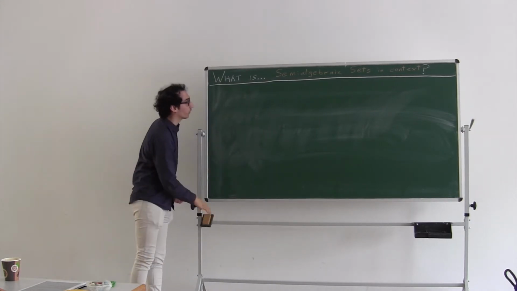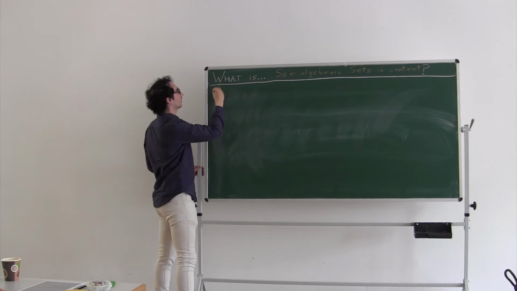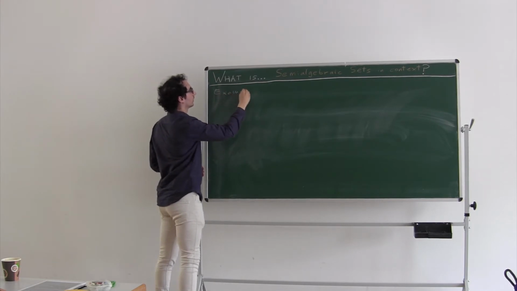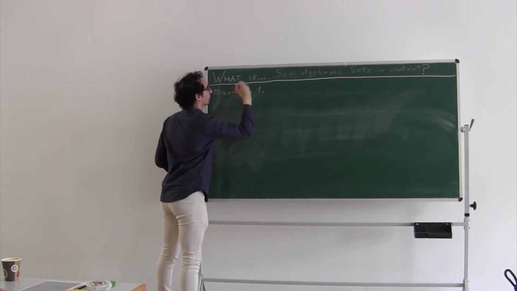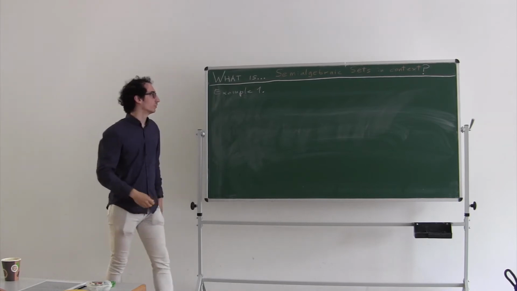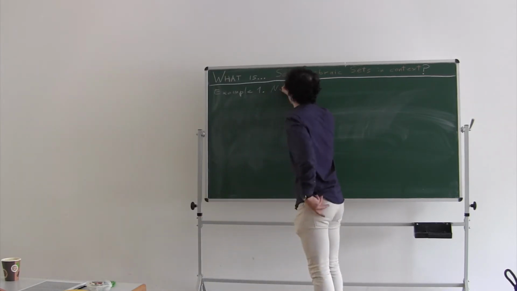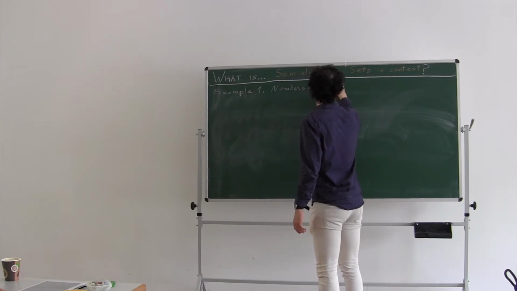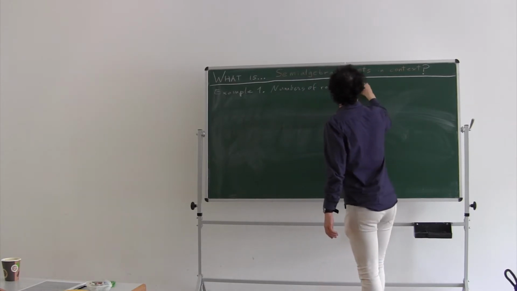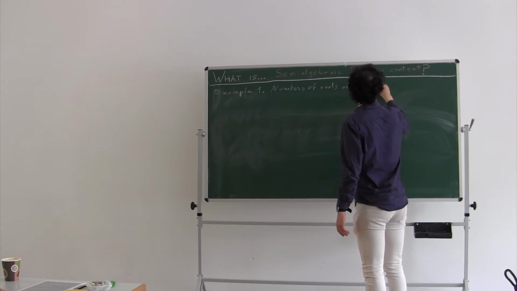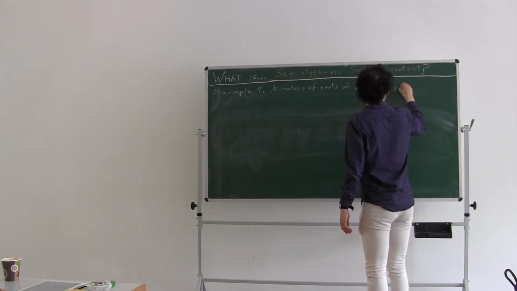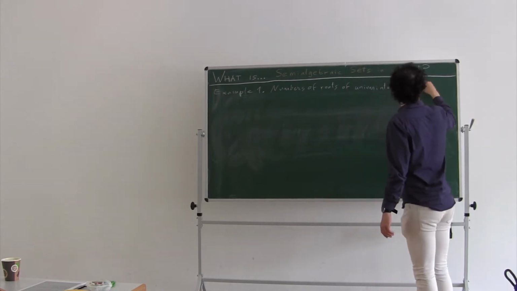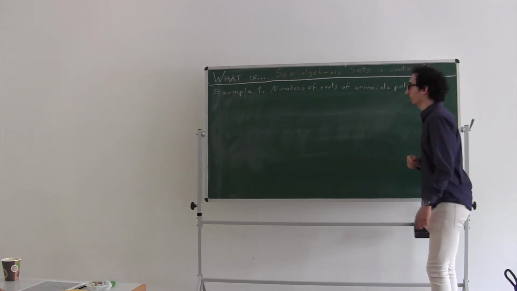So let's go with the first example. Example 1: the number of roots of a univariate polynomial.